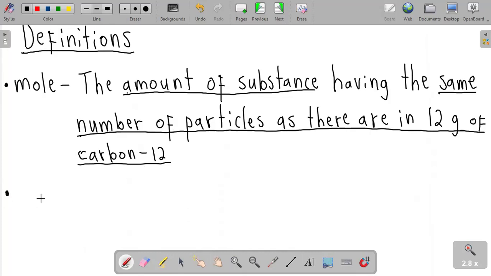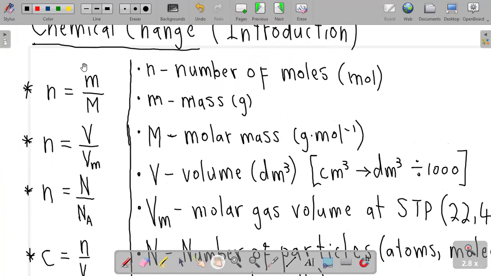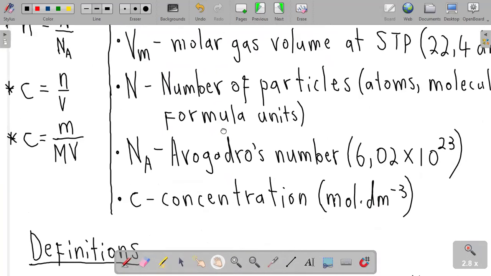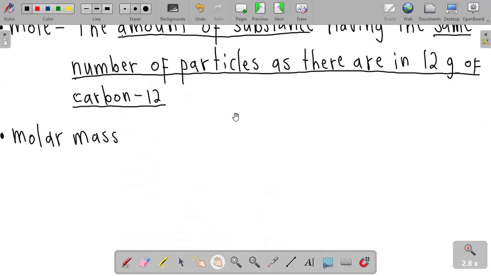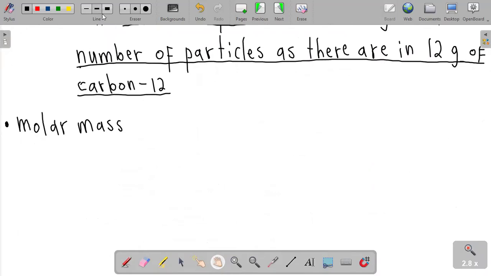And then the next thing is the molar mass. So molar mass, as we've seen previously, is the capital letter on the first formula here. And what is the definition? Because we have to know how to define it.